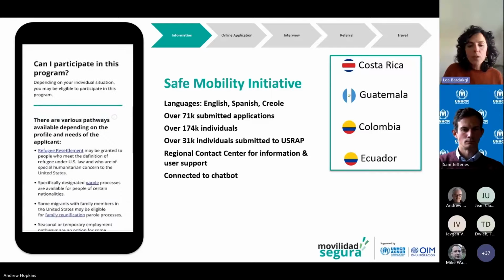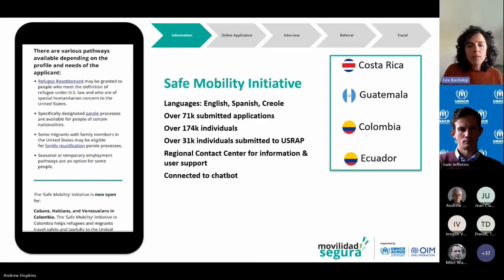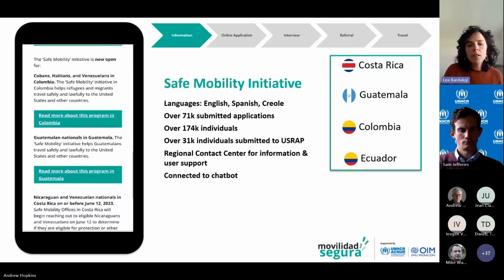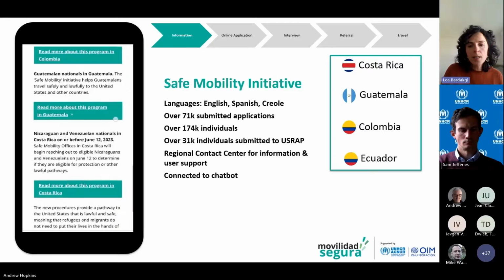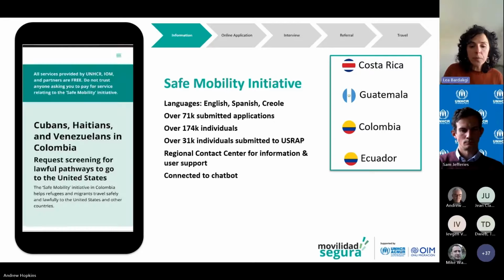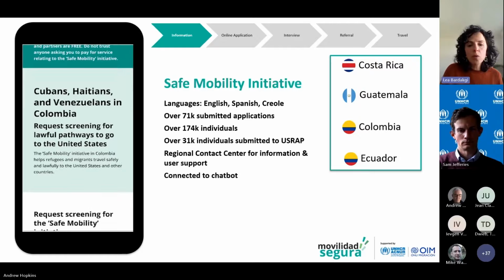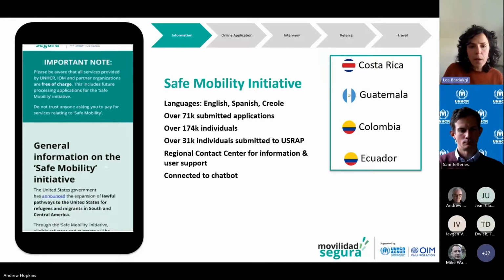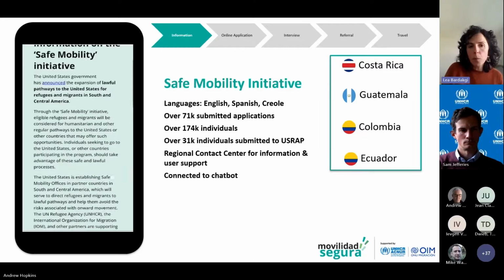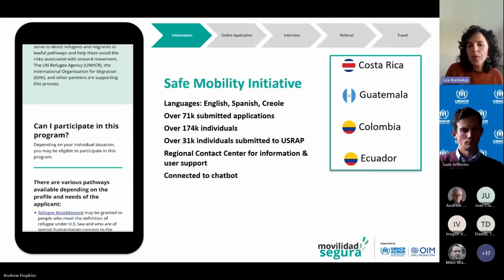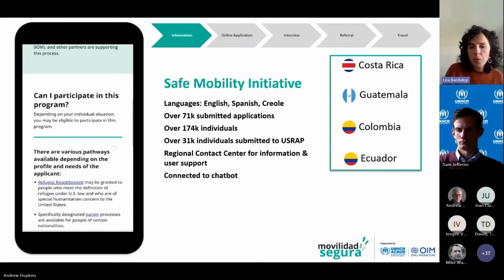The portals were rolled out in June last year in Colombia, Costa Rica, Guatemala, and then in October in Ecuador. And what it did is that it allowed refugees and migrants to apply for those legal pathways online and where they were, in the countries where they were, rather than take very dangerous routes to the US. So they could formalize their interest and submit that online.